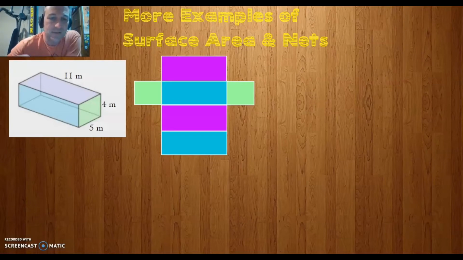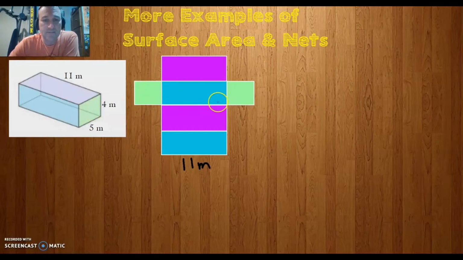As you can tell, all of these rectangles have this length of 11 meters. These sides right here and here and here and here and the bottom are all 11 meters. And then this side corresponds with this one, and the green ends would attach to that.